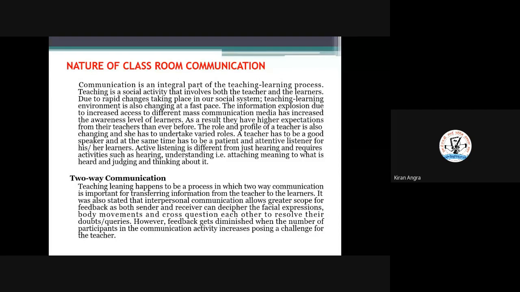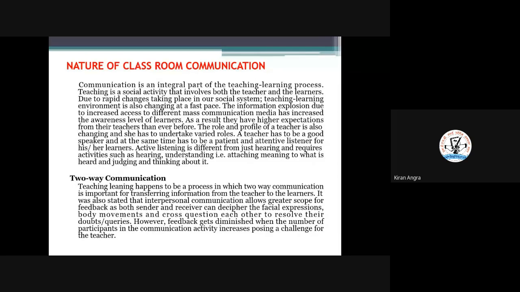The receiver can read your facial expressions, can see your body movements, can cross question to resolve his queries or doubts. So if the feedback is diminished, I hope the communication is much more effective. So this is a two-way communication between the sender and the receiver.